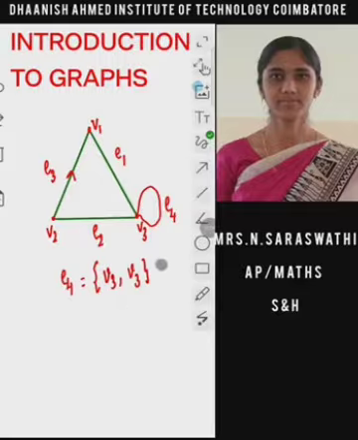Okay. Next, there may be parallel edges in a graph. That means we may have multiple edges having the same pair of vertices.